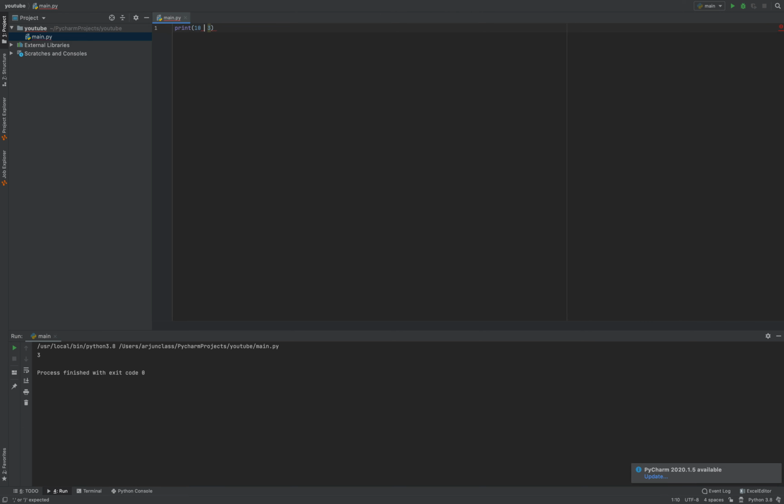And then there's also exponent, which is double asterisk. And there's also parenthesis.